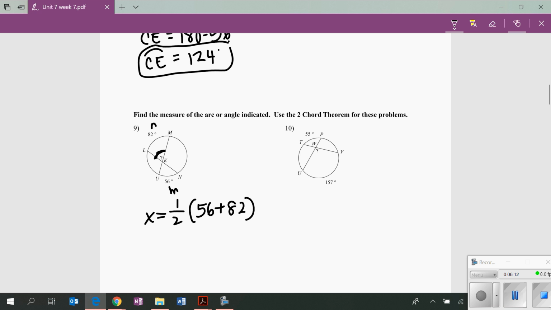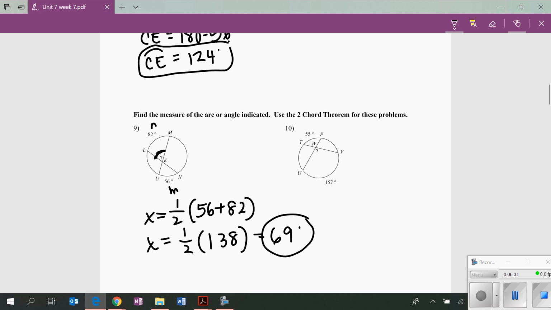Adding those two together, 56 plus 82 gives me 138. So 1/2 times 138, and that's really 138 divided by 2, which is 69 degrees.